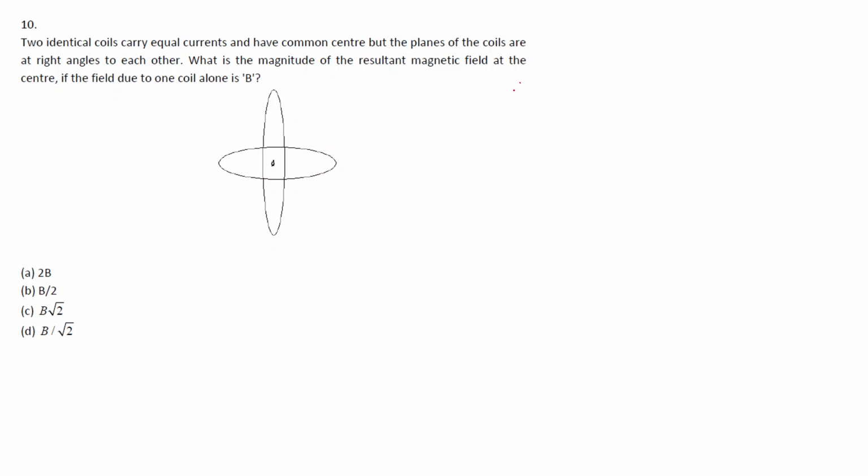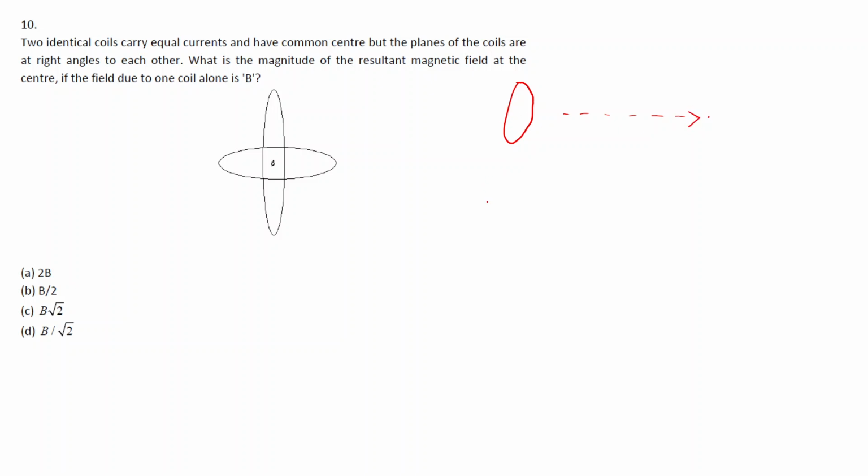So we know because of such a current carrying coil, the magnetic field will be in this direction, right?